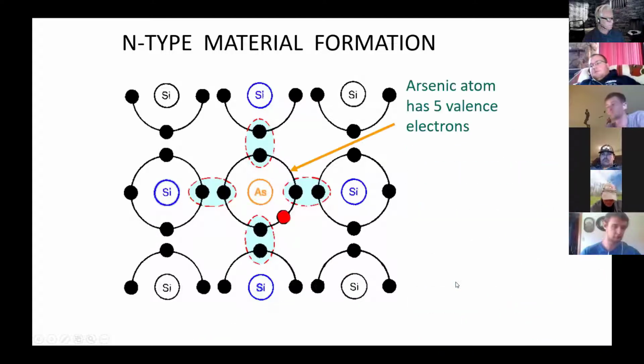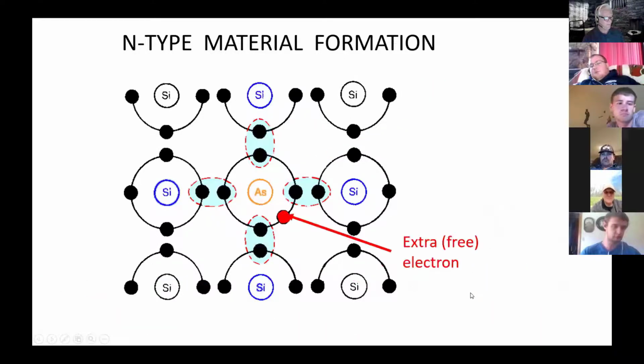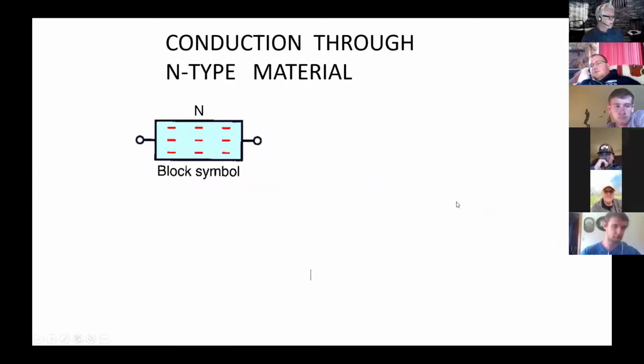So the silicon has 4, as we saw. Arsenic has 5, an extra electron. And the more of these impurities that you add, the heavier the doping, the more N-type this becomes. So the block symbol has little negative signs in it.